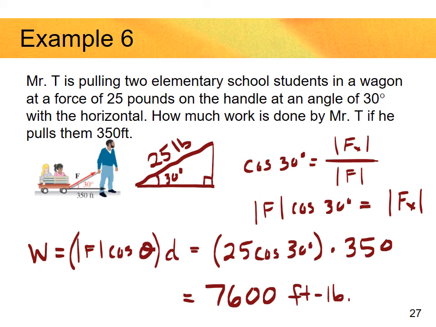And it winds up to be 7,600, and we call that foot-pounds. That's what we call work right here. There's the feet that he's carried, with the pounds that he is exerting as a force on it. So 7,600 foot-pounds of work he did, and then he's done.